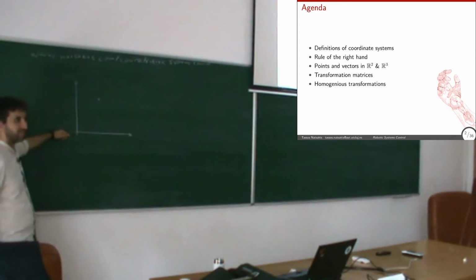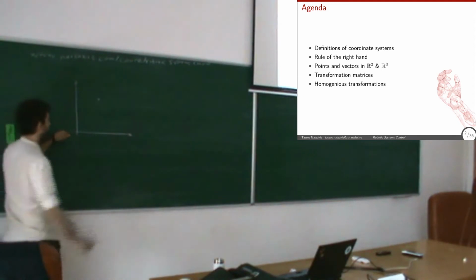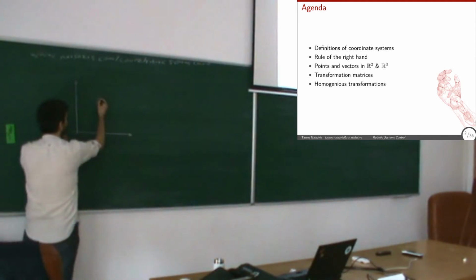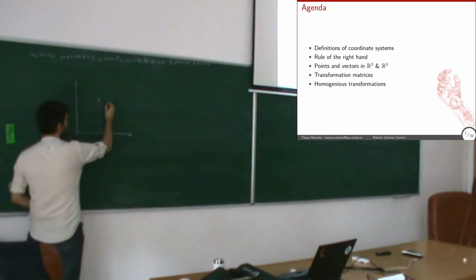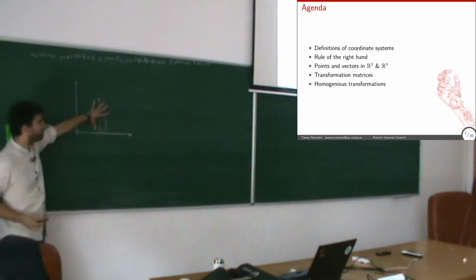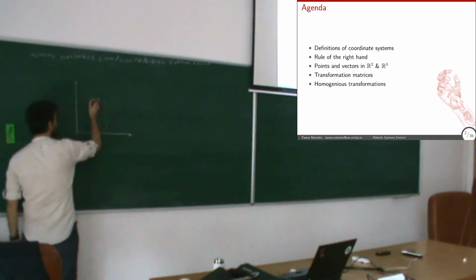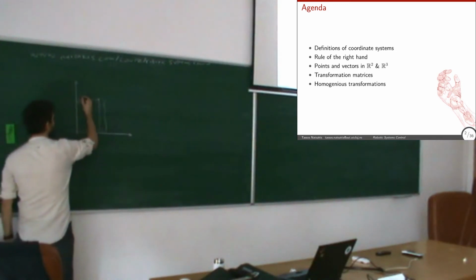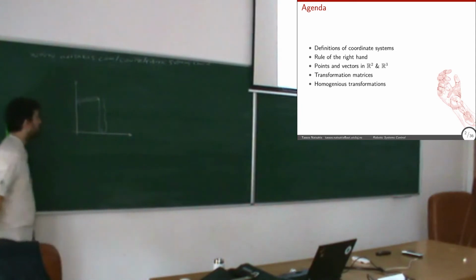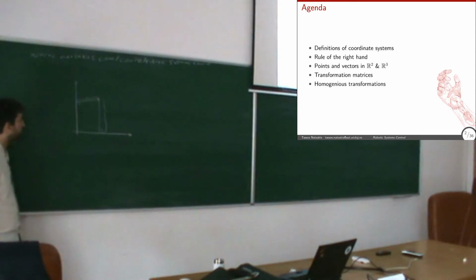I know it's very basic, but perpendicular lines, right? So from here I draw a perpendicular to this axis, and this length is the distance of this point from this axis, right? And the same with this axis. I draw a perpendicular to this axis, and this is the distance.